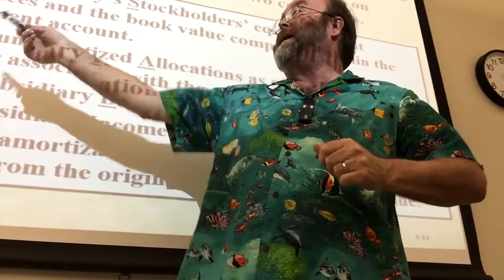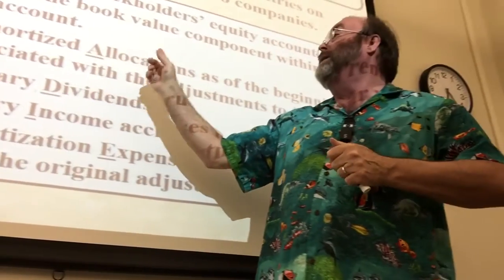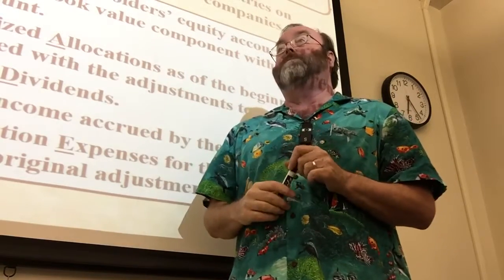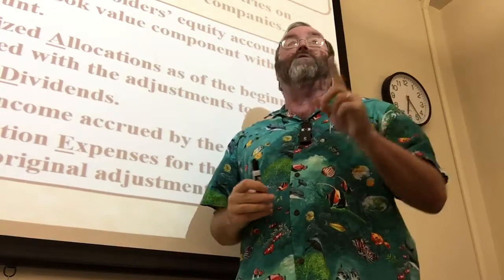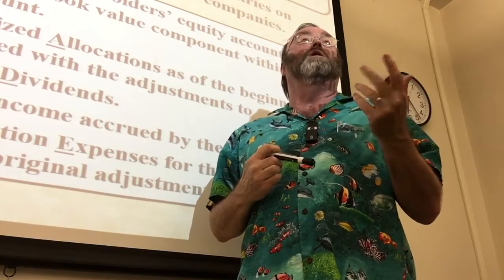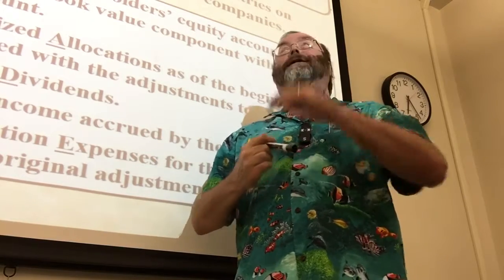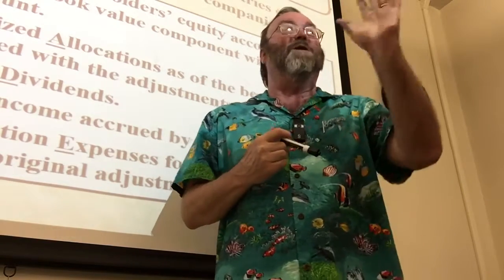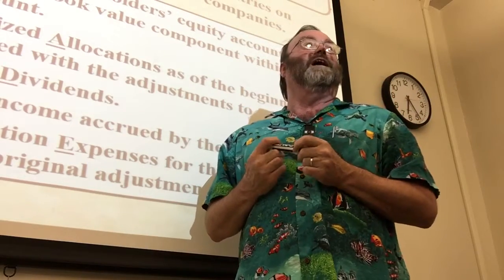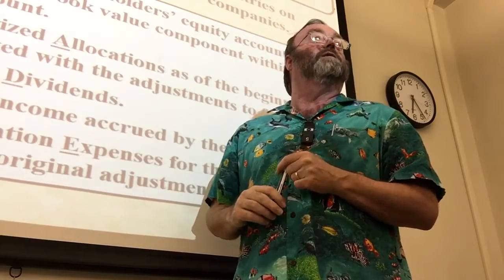So the A entry is the unamortized or undepreciated allocation of fair market value in excess of book. So that's a key difference. Now, for your midterm problem, I'm giving you the end of the first year. I think. I'm pretty sure it is. So you only have to deal with it since acquisition. But we're going to go over examples of this after the break.